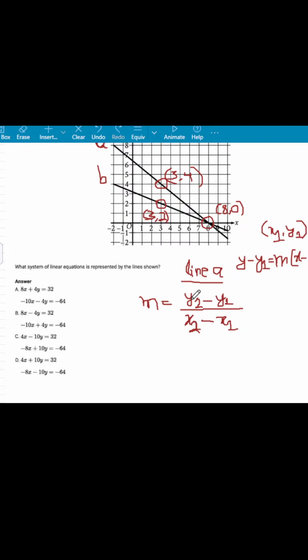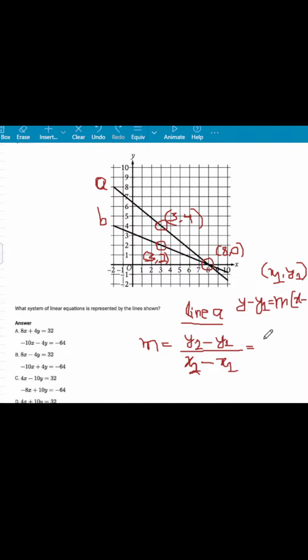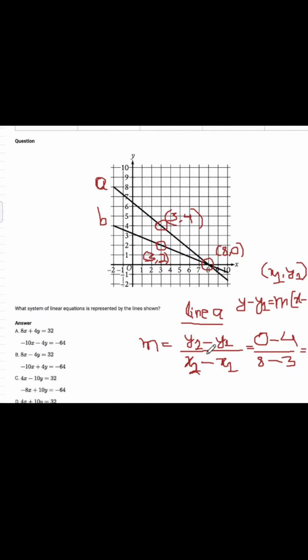We subtract the y coordinates and divide by the difference between the x coordinates, and that will give us the slope. Here y2 is 0 and y1 is 4, and similarly x2 is 8 and x1 is 3. So this will be minus 4 by 5. This is the slope for line A.